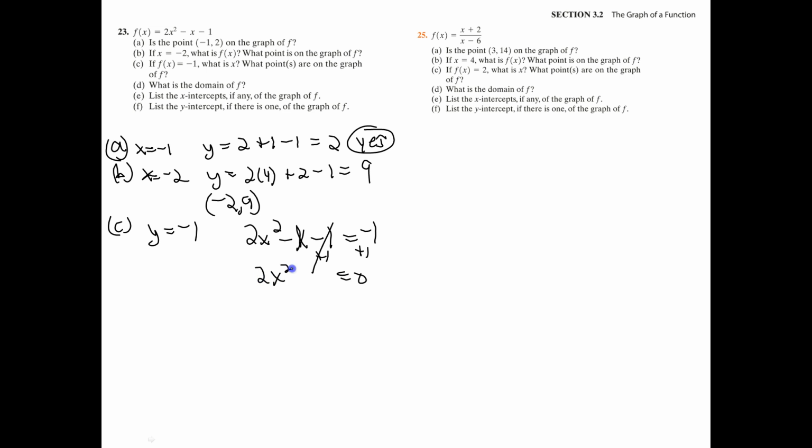We get 2x squared minus x is 0. Take out an x and have 2x minus 1 is 0. So either x is 0 or 2x minus 1 is 0. That says that x is a half. So there's two values. We have the point 1/2, negative 1 and the point 0, negative 1.